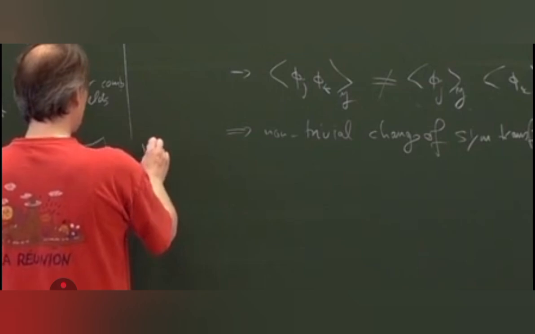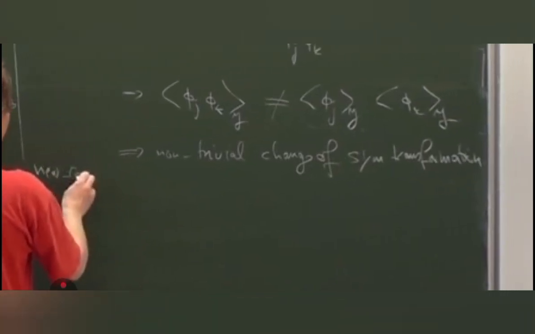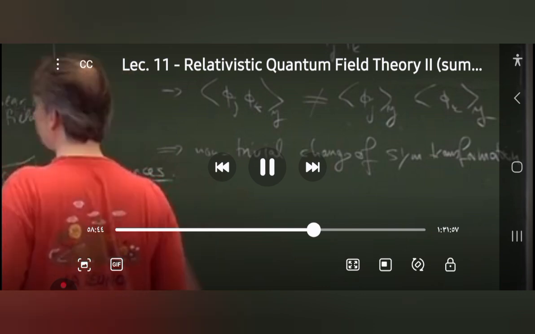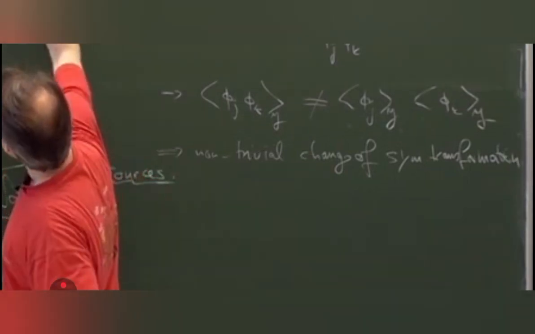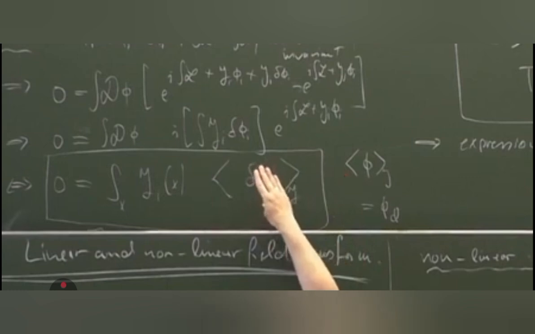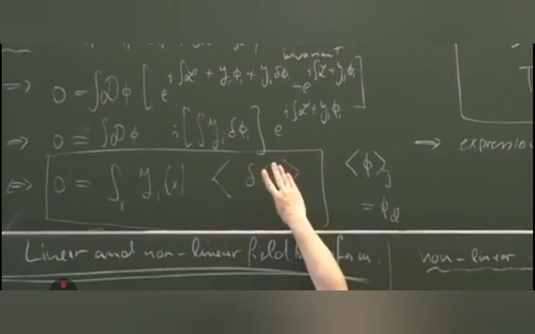Namely, we introduce new sources in the path integral. Remember that the path integral contains those sources j for fields, such that if you take derivatives with respect to j, you get expectation values of fields.